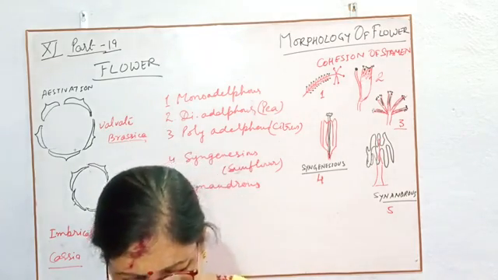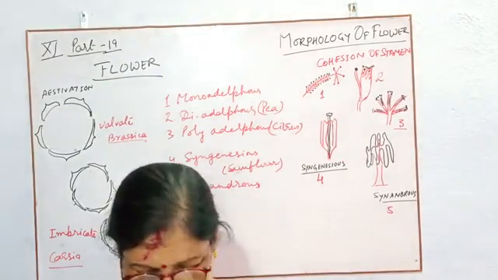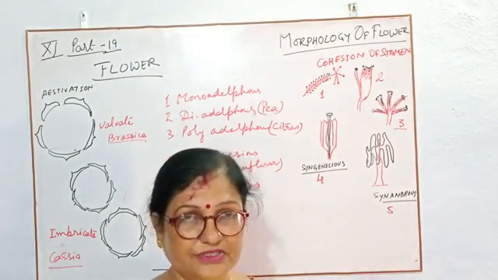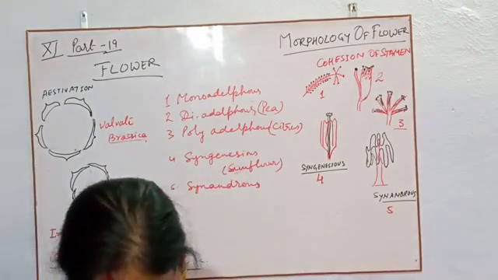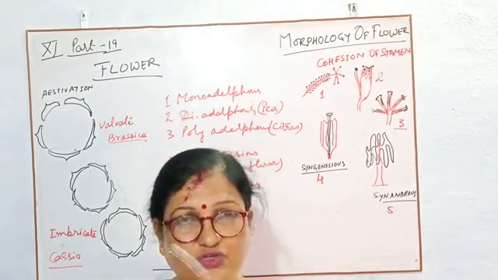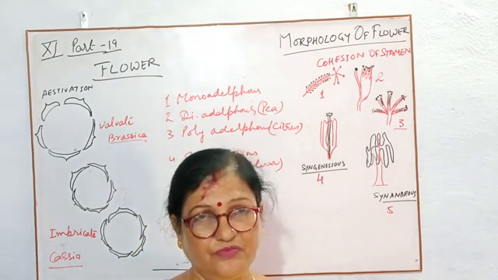So in synandrous, all the stamens are united or joined with each other through the whole length, and filaments and anthers are all joined with each other, and there is no gap in between.